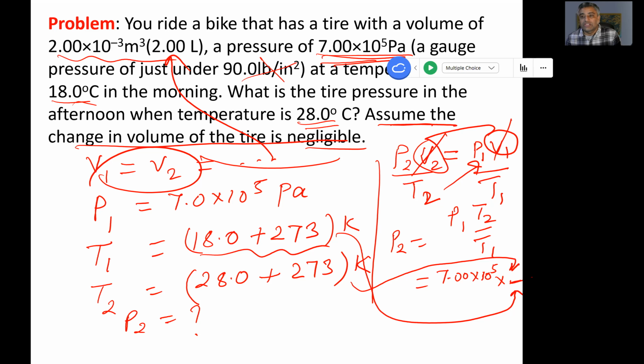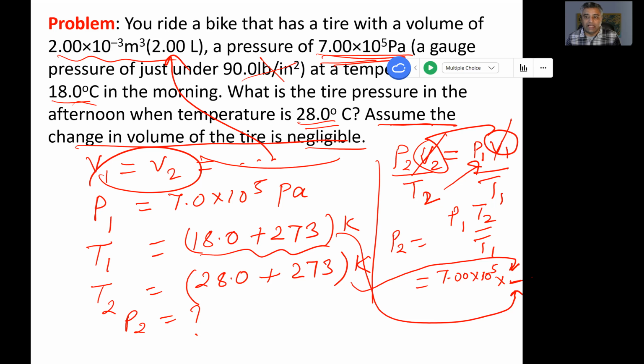And just for an experiment, what you can do is try calculating without converting temperature, and you'll get a different number, of course, okay? So when using the gas equation, you always need to convert temperature into Kelvin.